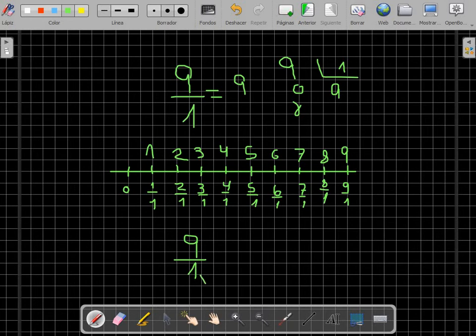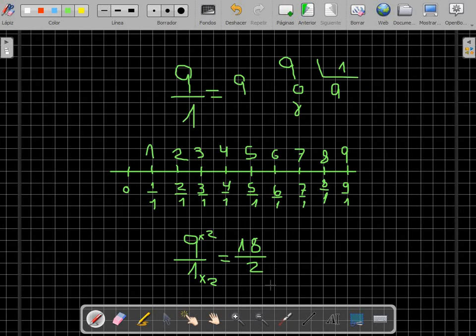For instance, if I multiply both numerator and denominator by 2, I will get an equivalent fraction. That is a fraction that has the same value but with different numbers. If you divide 18 by 2, you will get once again 9.